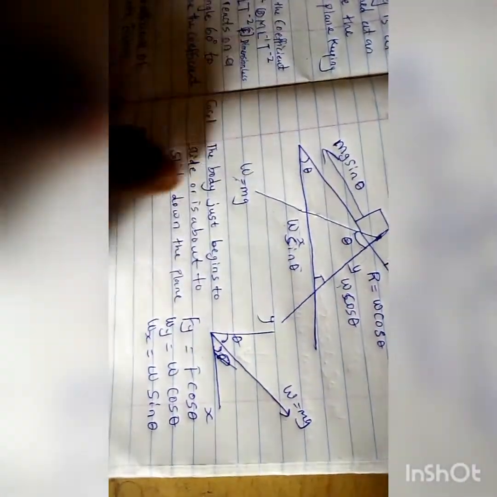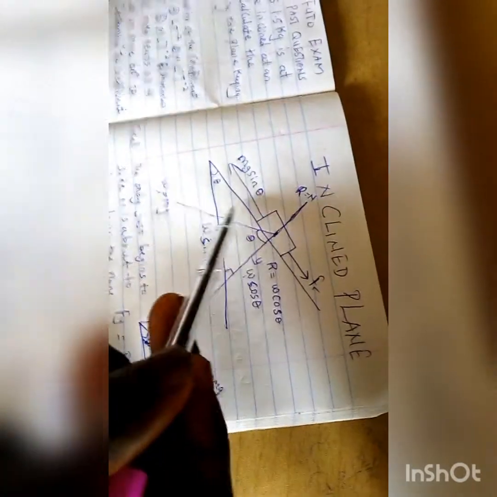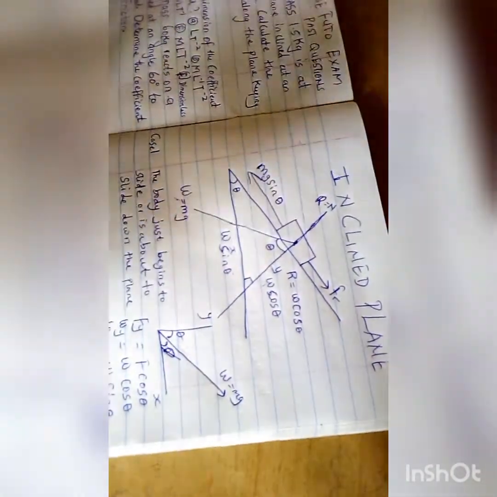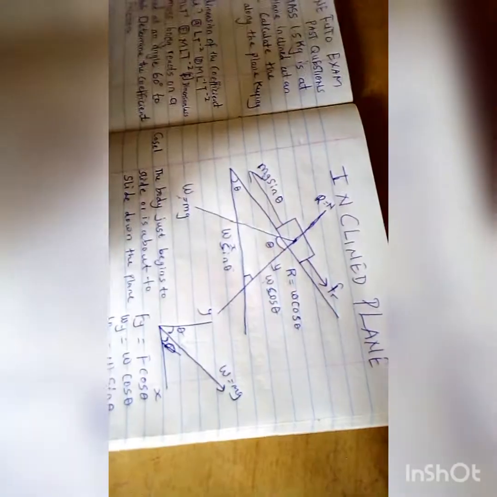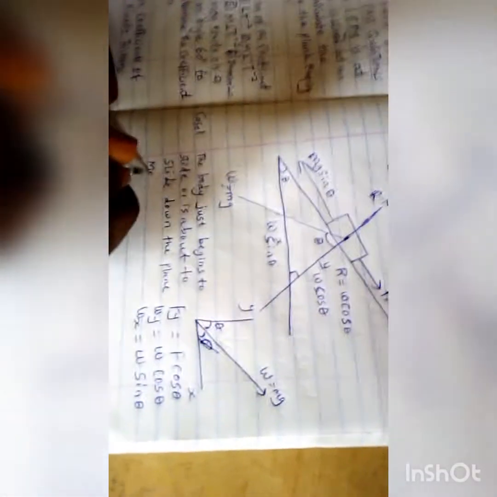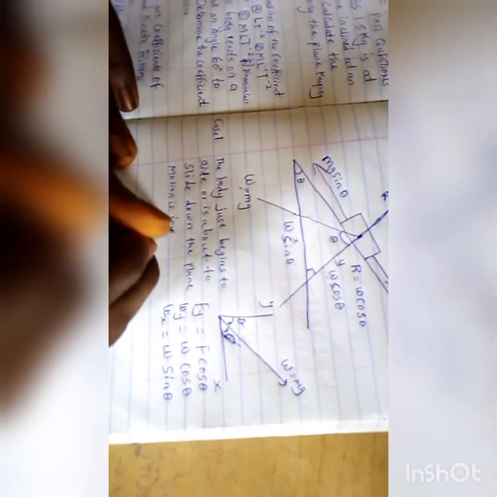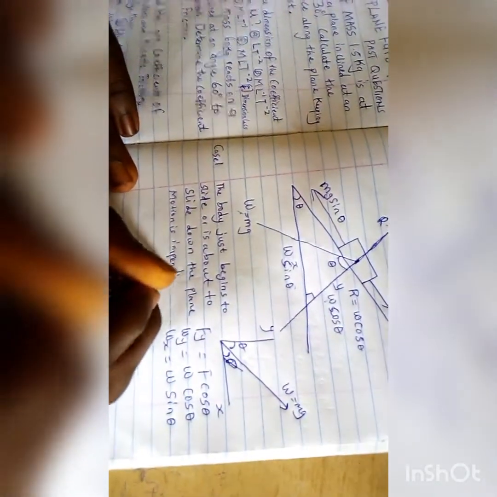Now, since I said the body is just about to slide down the plane, it means the body has not started motion. At this point we say motion is impending, is about to take place.